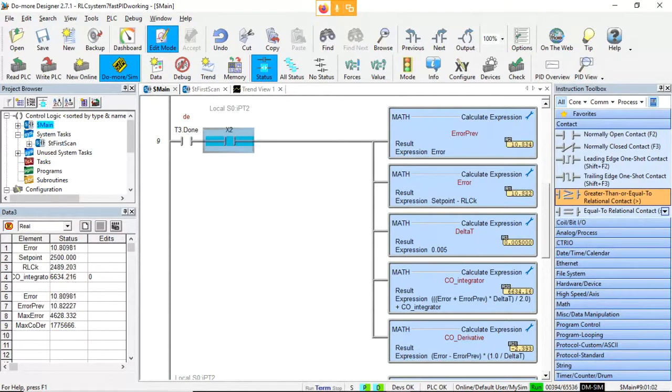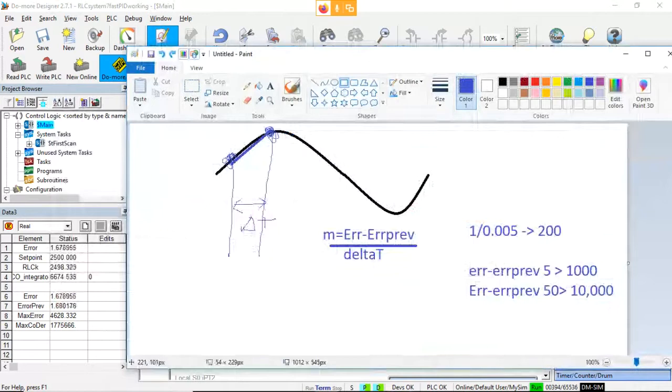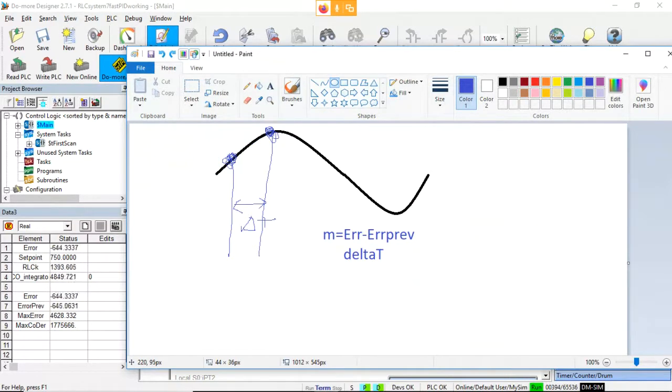Step 1 is moving the current error value back to the previous value. So that's getting these 2 points. Okay, so I have this time here and this value here.